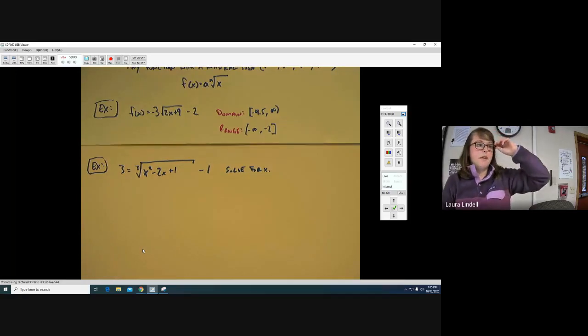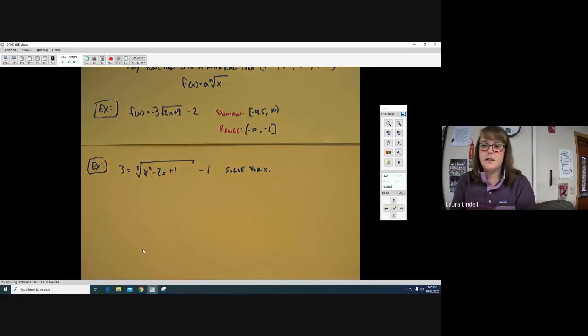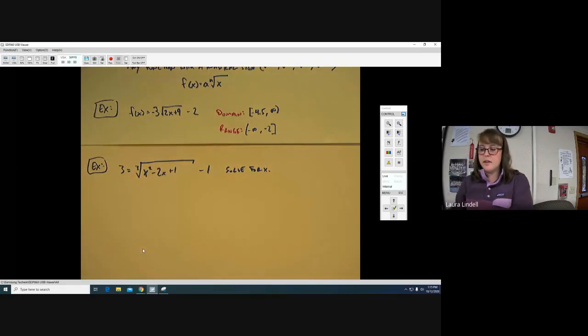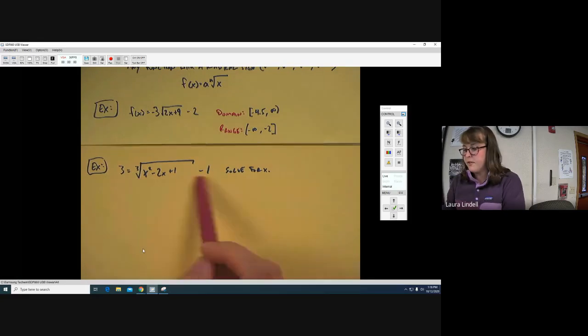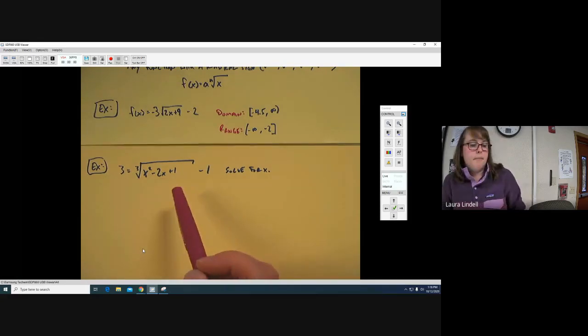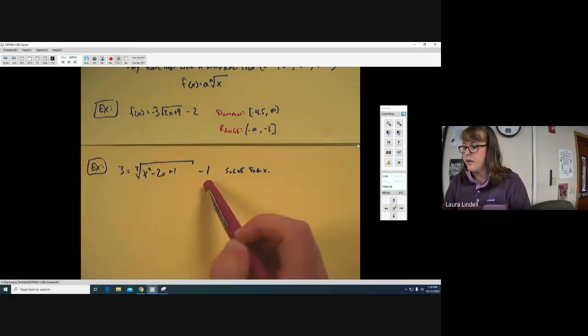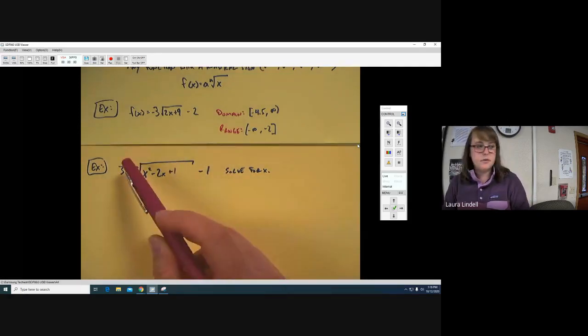Okay. So the first step, if you can, we want to consolidate everything so that whatever the root is, it's on one side by itself, and everything else is on the other side. Because if I were to cube this to start with, then I would have to cube this entire expression over here. I can't just cube each of the terms individually.